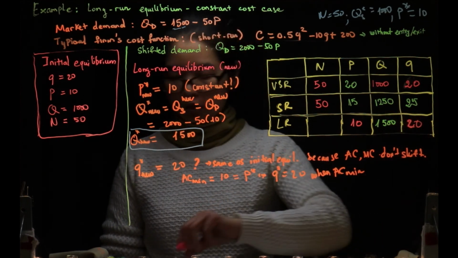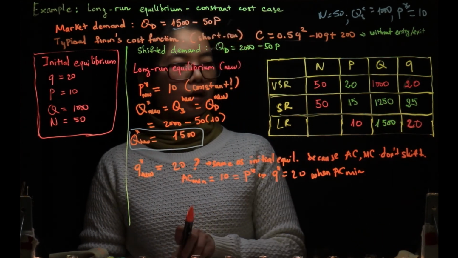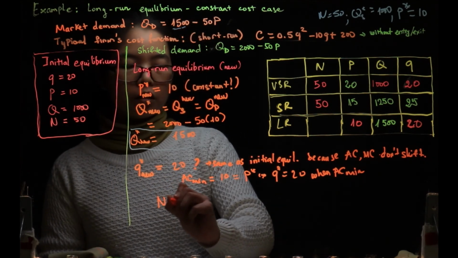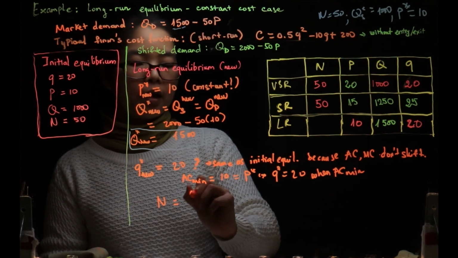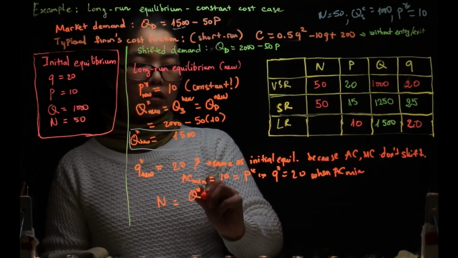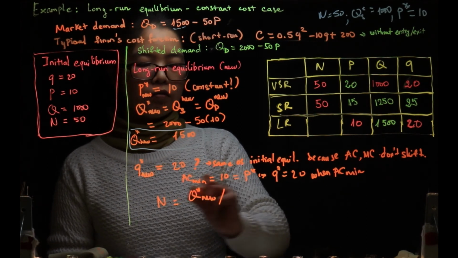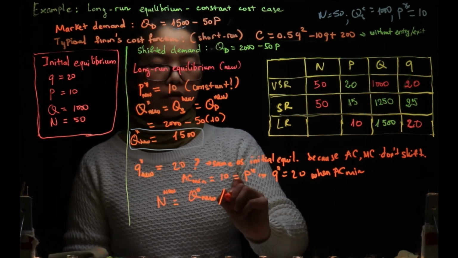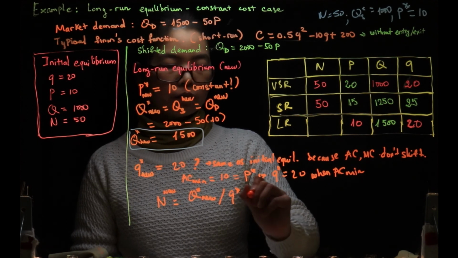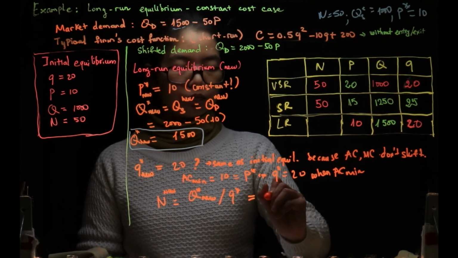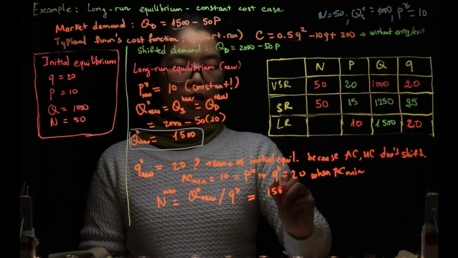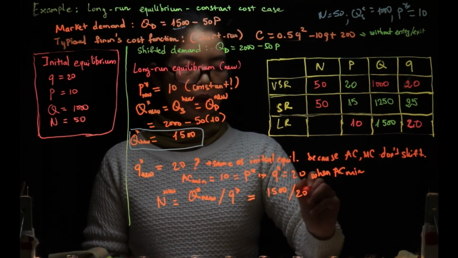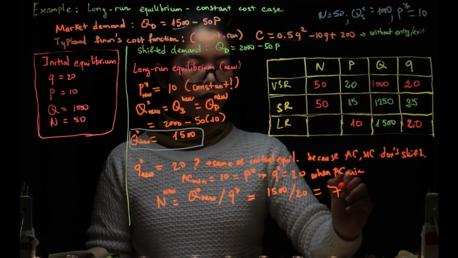Doesn't change. However, number of firms will change because now we have Q star new divided by Q star, can drop the new, that is 1500 divided by 20, which is 75.